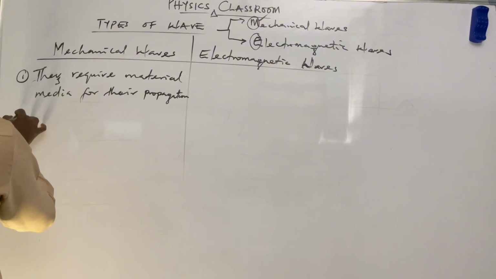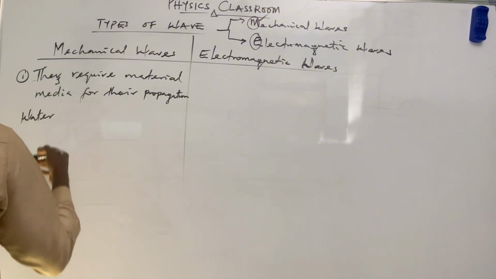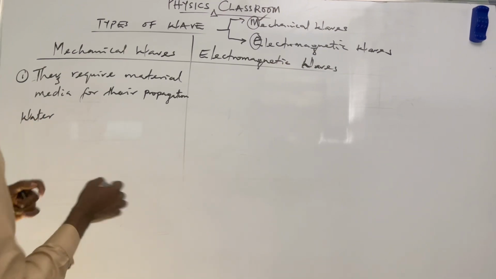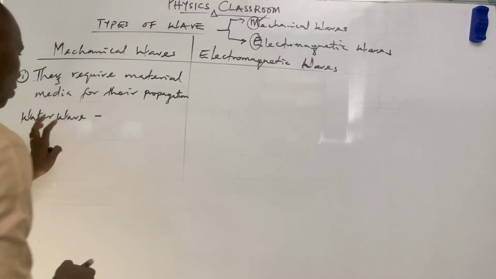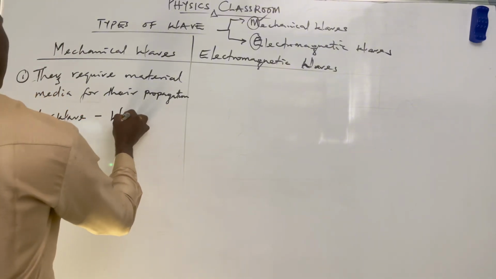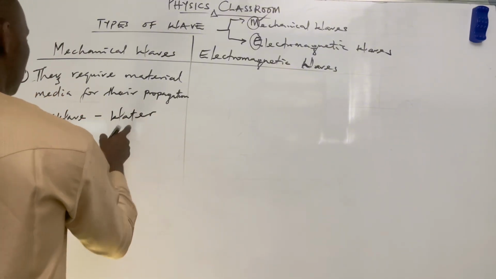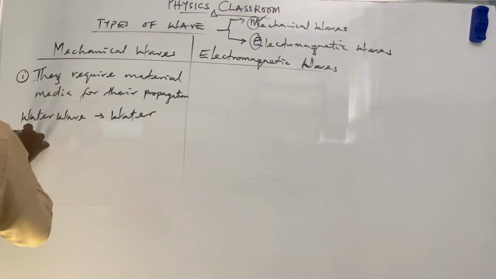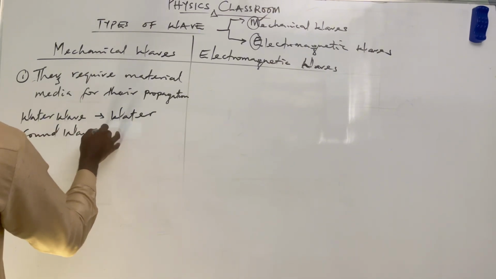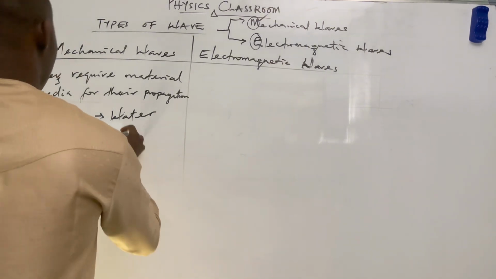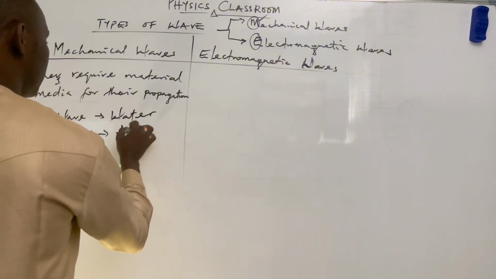I can say, for instance, water wave that I used as an example to define wave the other time. Water wave is a wave, right? The material medium it requires is water. Now, sound wave is a mechanical wave as well, and it requires the medium air.